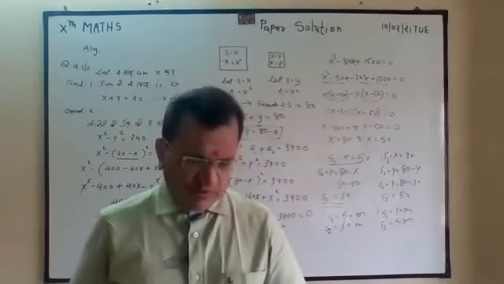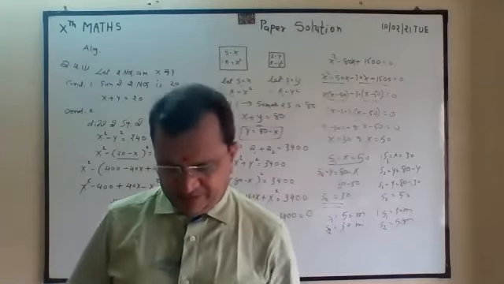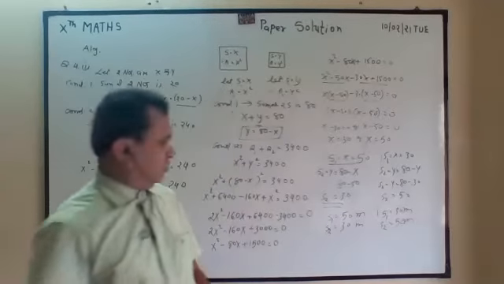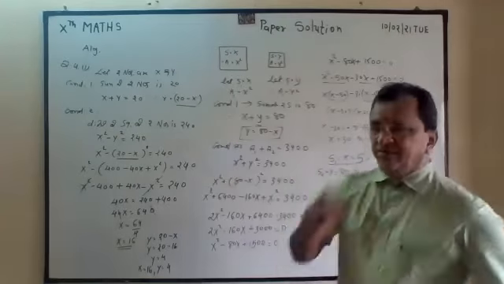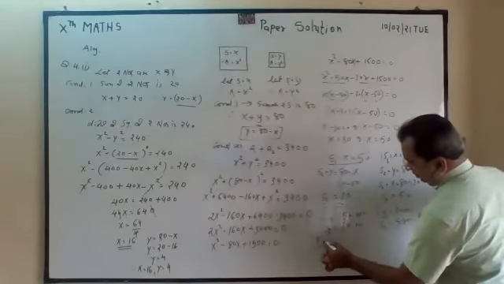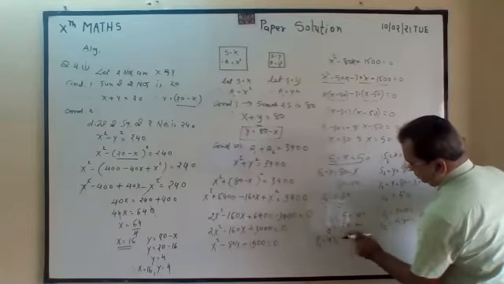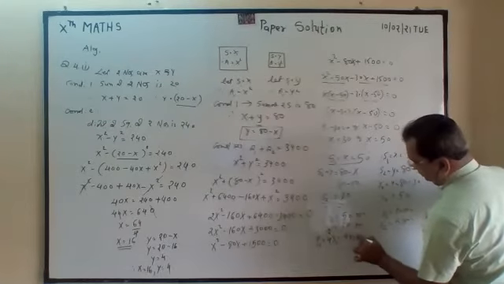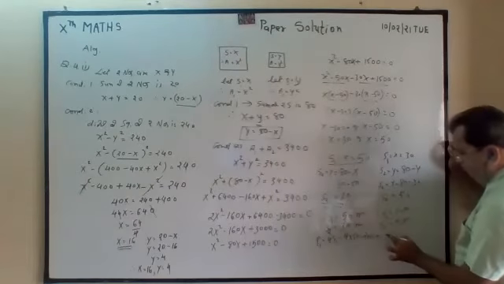Now one more question in that same. Find the difference in the perimeter. So naturally we have to take this. If side 1 is 50, so perimeter of first is equal to 4 into side 1, is equal to 4 into 50, 200 meter.